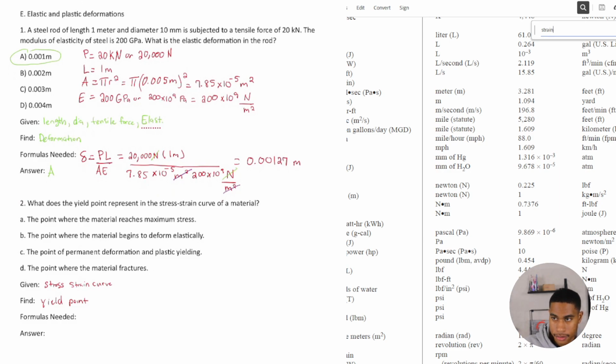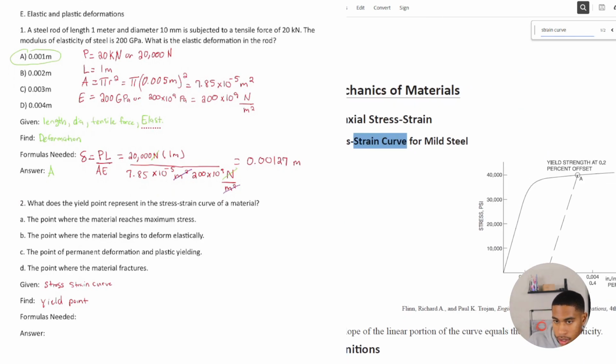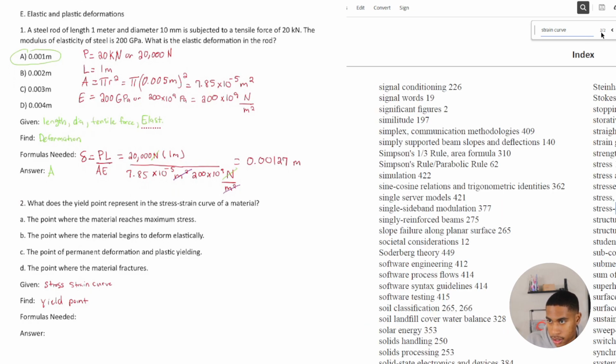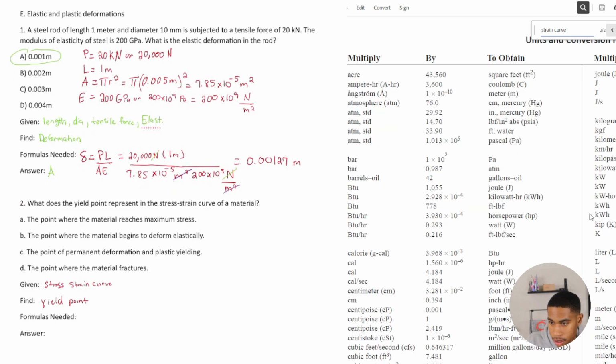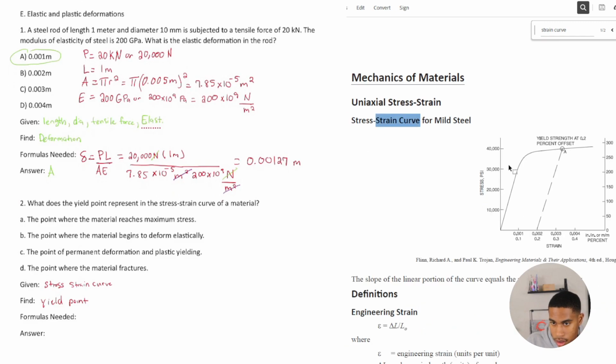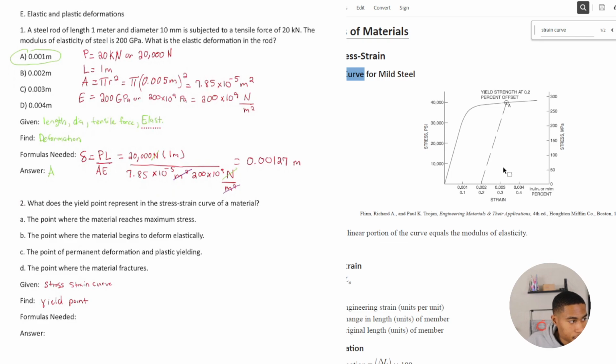I'm going to see if I can pull up something in the handbook. So the handbook gives us the only image that they give us. They give us a stress strain curve, and this is not a good one.